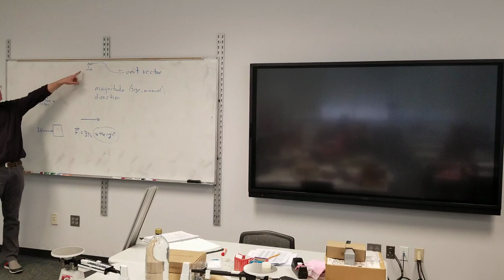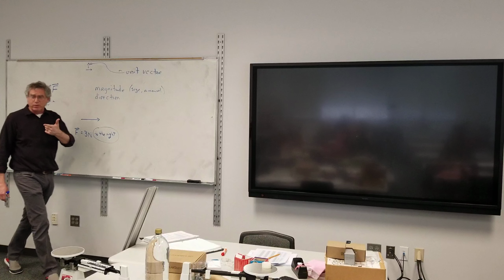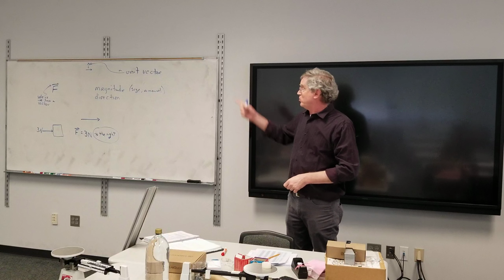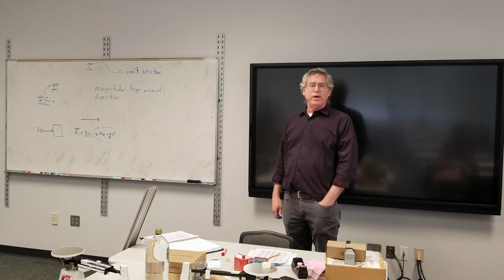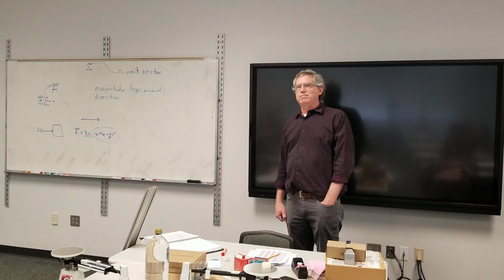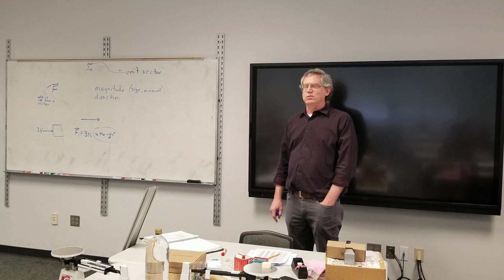All right, so first off, it is a vector, all vectors have a magnitude and direction. So the direction is to the right. Why is it to the right? Why is the direction of I hat to the right? Not the fundamental reason of why it's to the right.